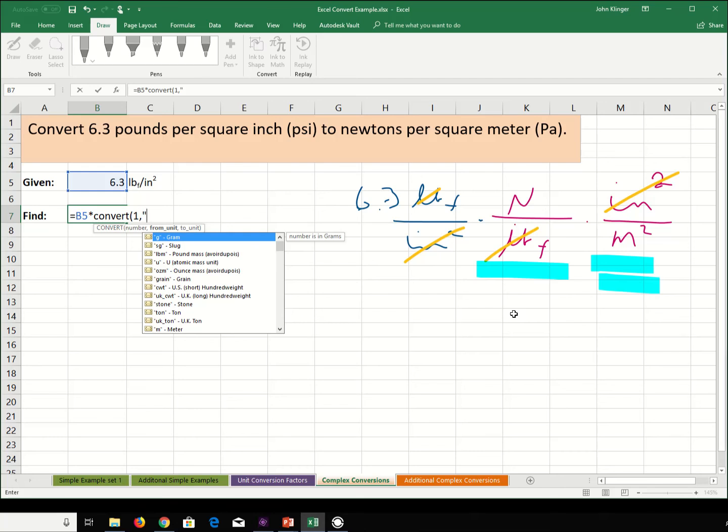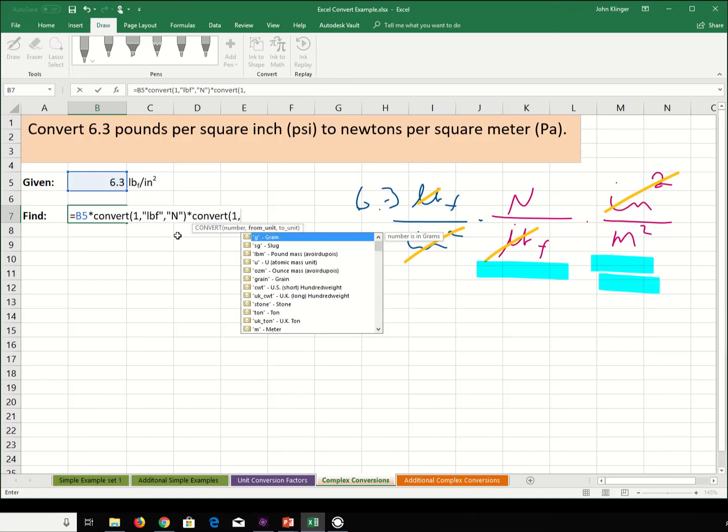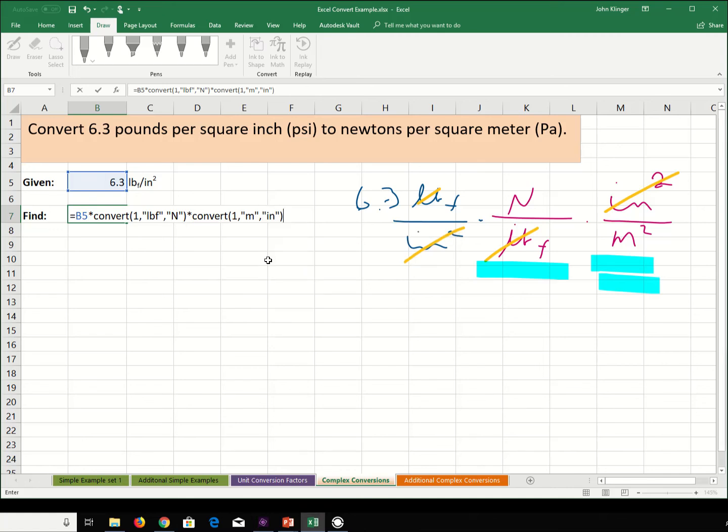So this is my LBF, and then my newtons is second. Then I'm going to multiply that times convert again, and it's a 1. I want my denominator, which is meters, and my numerator is inch. I can just select it. Now if I hit enter, you'll see I get this value, right?